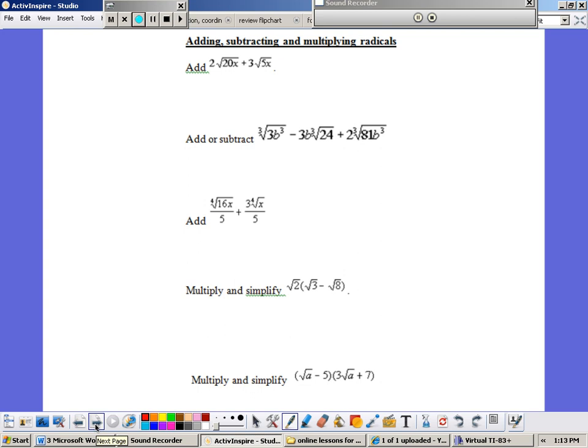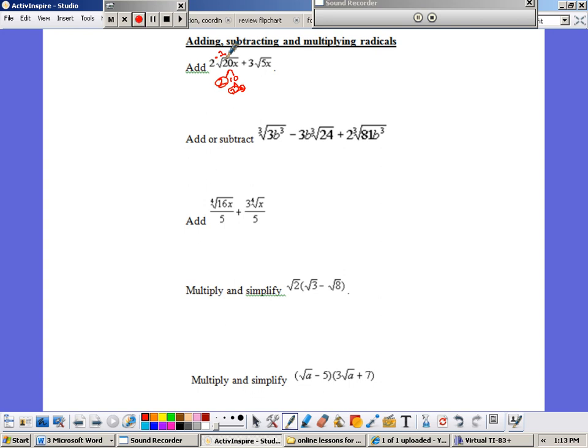Okay, adding, subtracting. Adding and subtracting is just like adding and subtracting x's and y's. You can't add x's and y's. You can't add x squares and x's. So you have to have the same number under the radical, which is called the radicand. So I'm going to take the 20x and I'm going to break it into 2 and 10, 2 and 5. And I see I can pull out a 2.